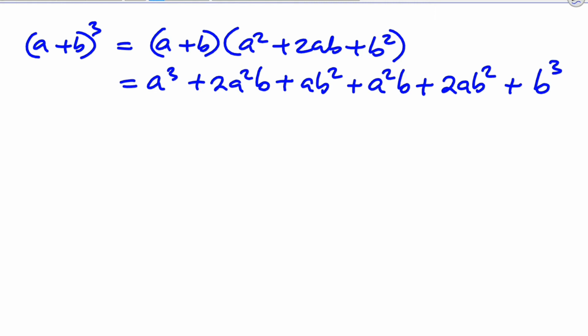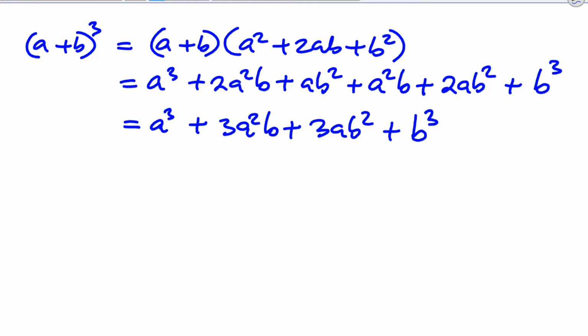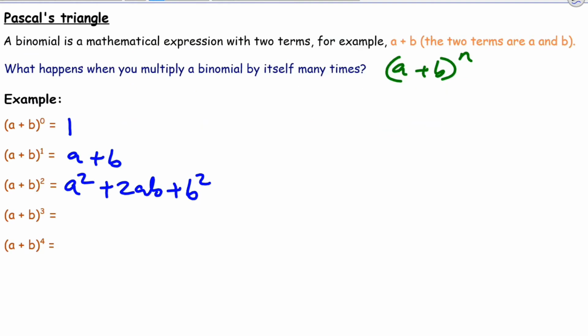Here we have like terms that we can group, so we end up with a³ + 3a²b + 3ab² + b³. So that's the expansion of (a + b) cubed, and we can write it here: (a + b)³ = a³ + 3a²b + 3ab² + b³.